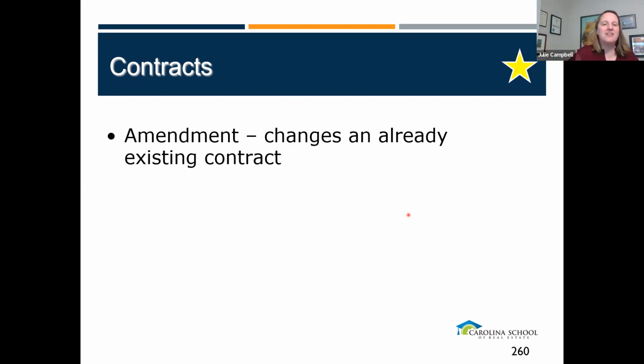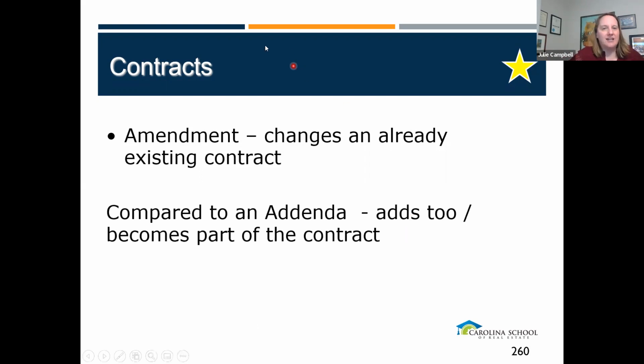Compare an amendment to an addenda. We'll actually see an addenda. I can't remember if it's unit 9 or unit 10. When you see the word addenda or addendum, I want you to see the word add. An addenda adds to and becomes part of the offer to purchase and contract.